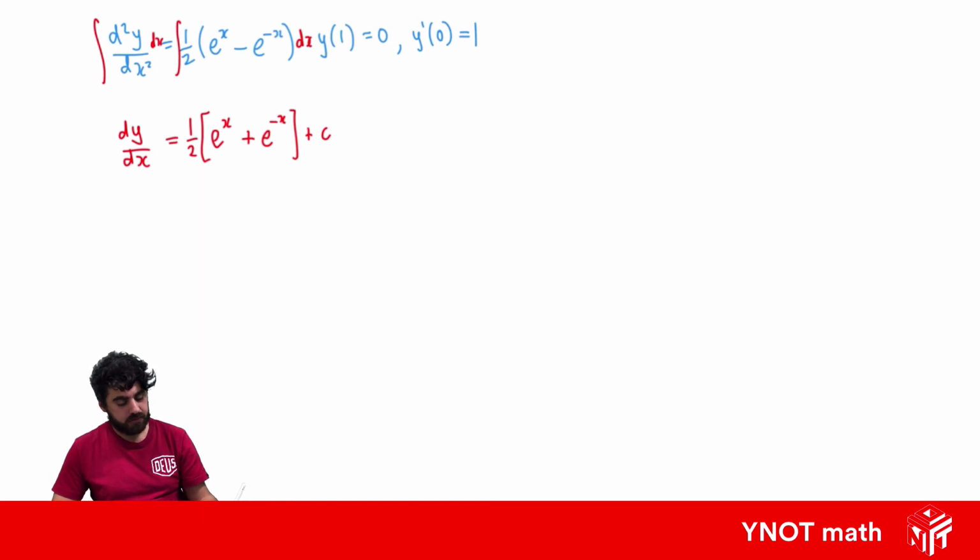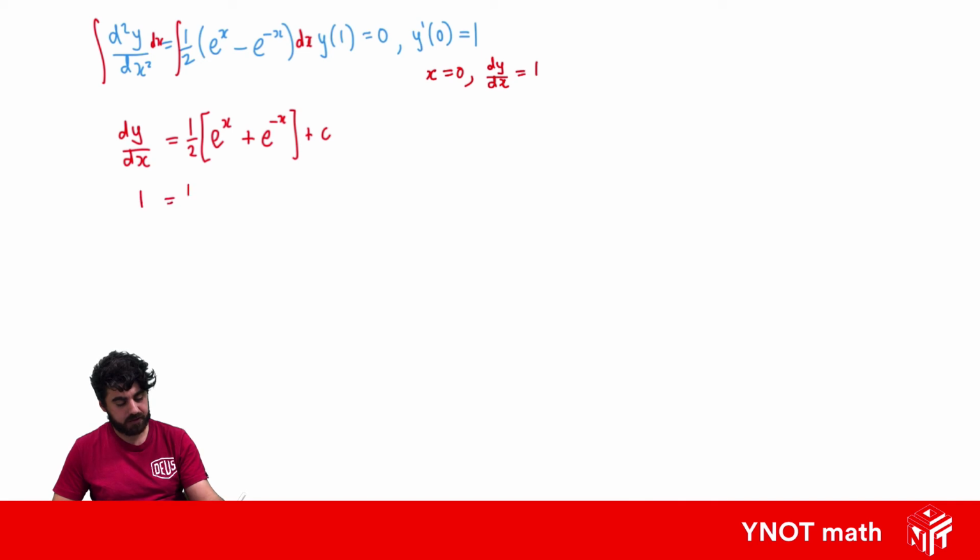And we were given an initial condition on the first derivative saying when x equals 0, the first derivative equals 1. Another way to put this is that when x equals 0, dy dx equals 1. So let's go ahead and sub that in.